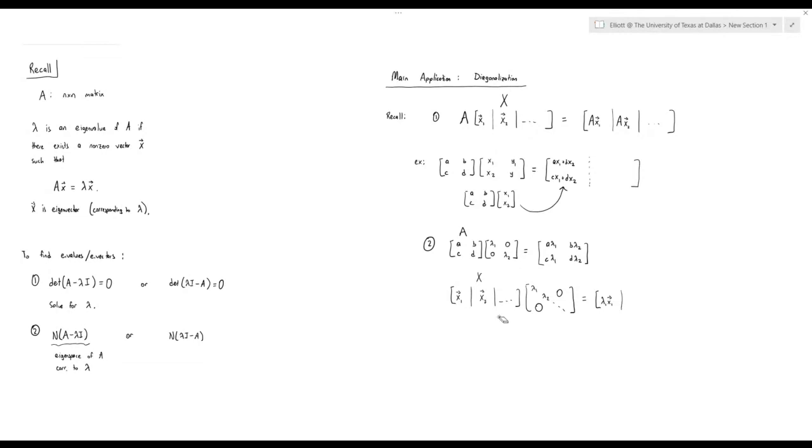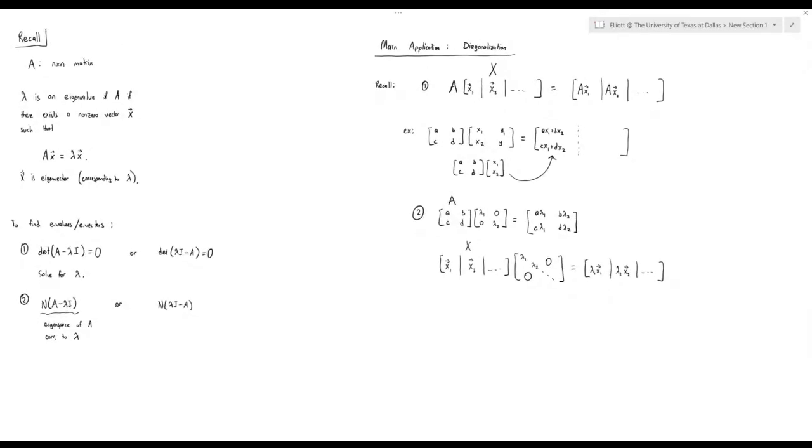The second column of the product would be lambda 2 times the second column, and so forth.